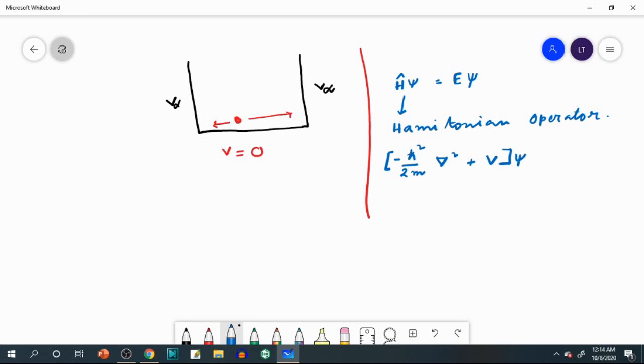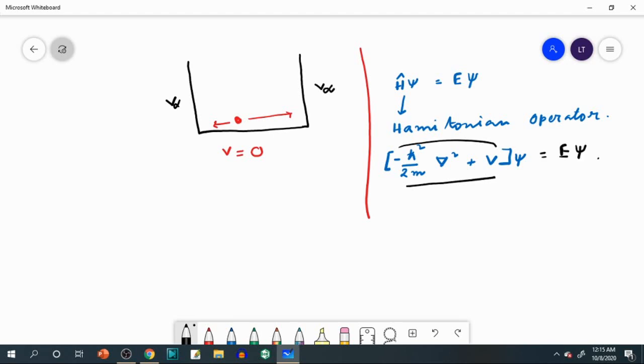This is the Hamiltonian. It is the Hamiltonian for any system, very general, and we will reduce it so that it fits the particle in one dimension. This is the general equation, and it can be applied to any system. So the whole thing is H psi = E psi.